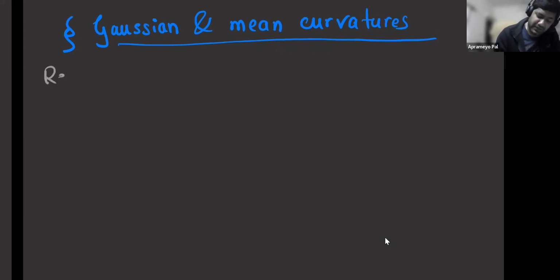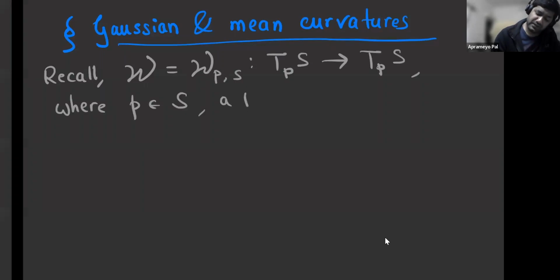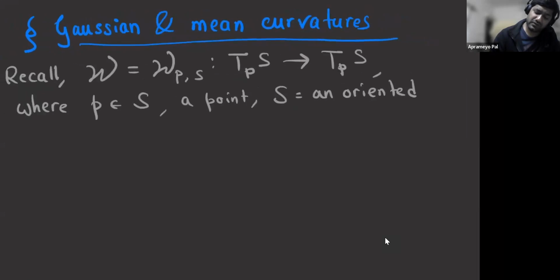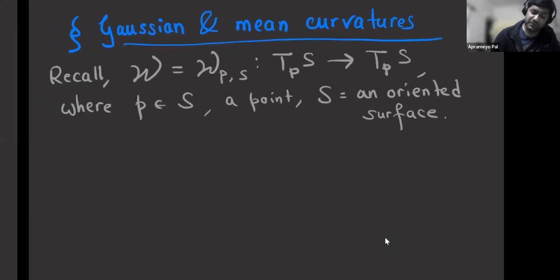So again, recall we have this map W_P, a map from T_P S to T_P S, where P is a point in the oriented surface S.